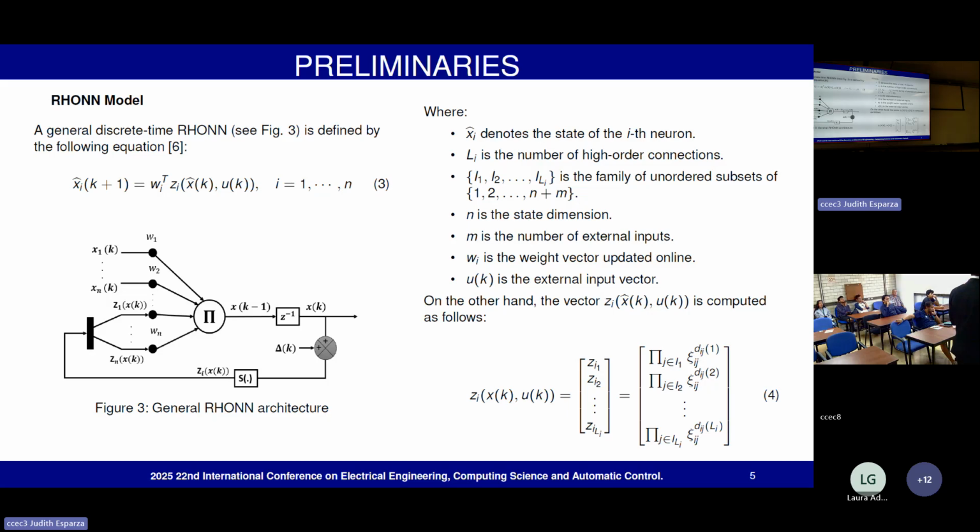The main advantage of this architecture is that it helps the neural network to model more complex interactions between the inputs. The description of the whole architecture can be seen in equation number 3 and number 4.